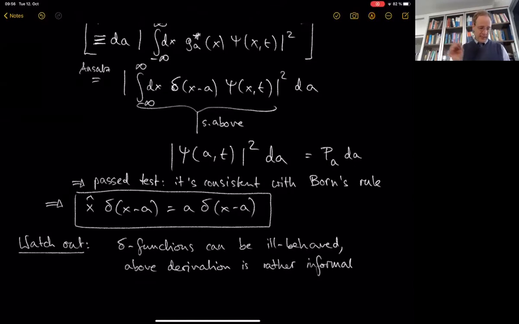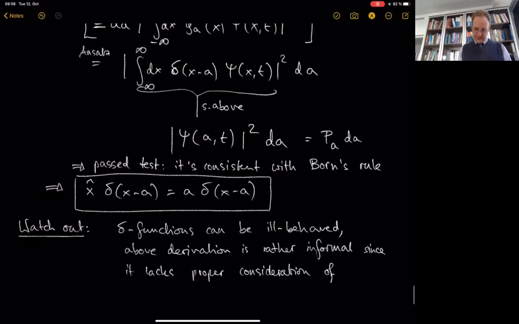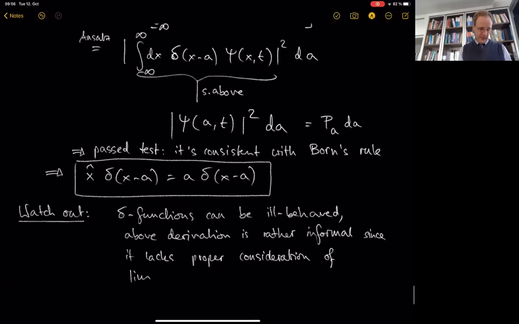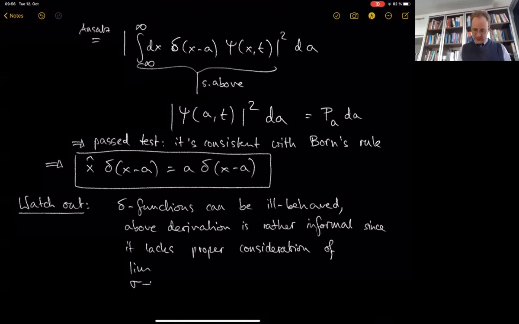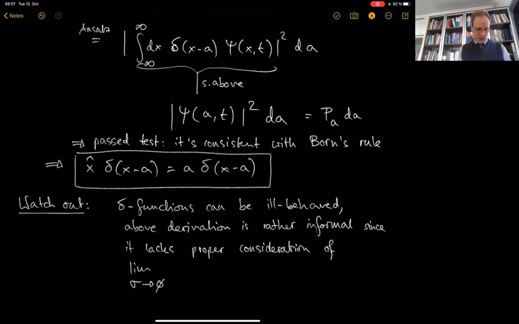You would really need to discuss the limits, since it lacks proper consideration of the limit of some sigma going to 0, f of x equals delta.